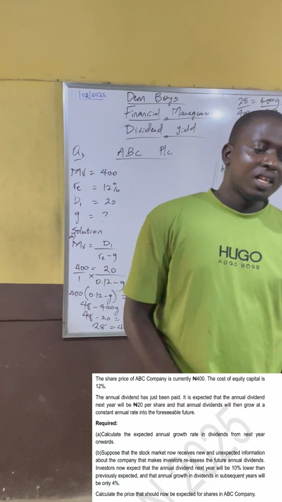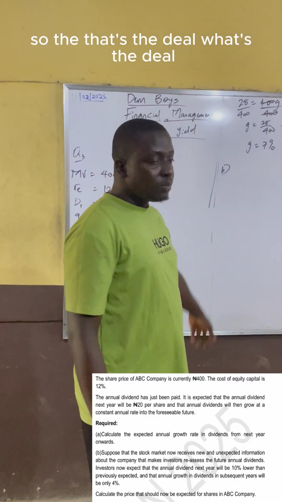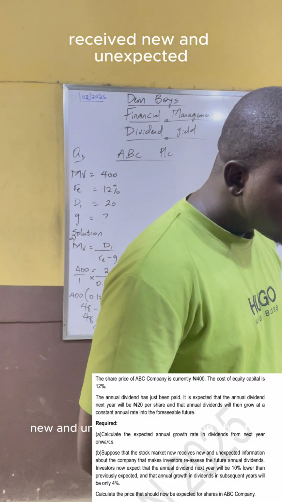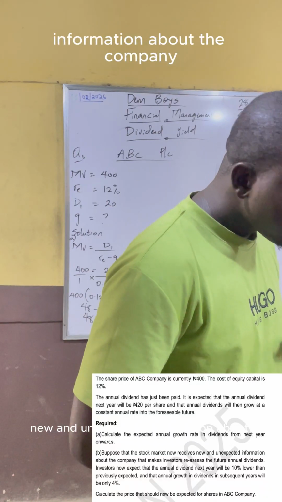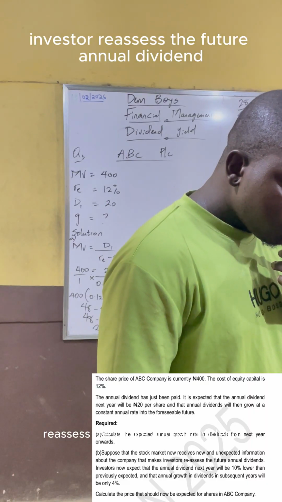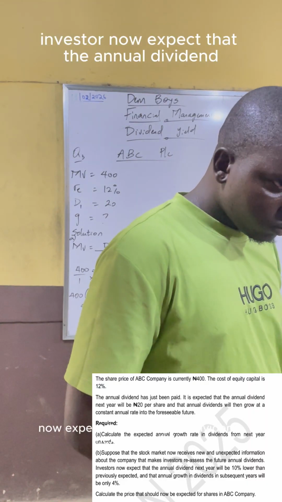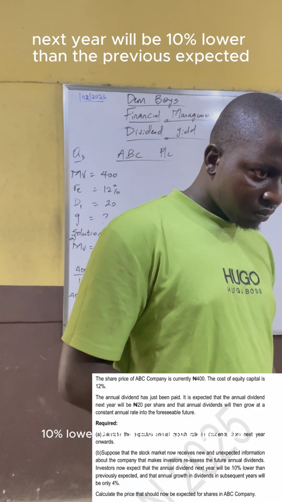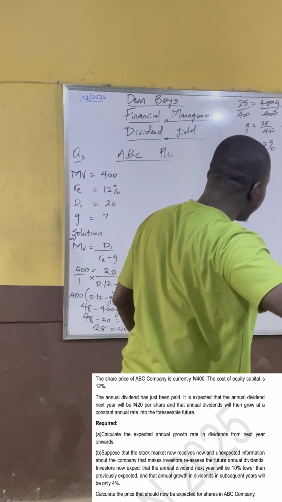Suppose that the stock market now receives new and unexpected information about the company that makes investors reassess the future annual dividend. Investors now expect that the annual dividend next year will be 10% lower than previously expected.